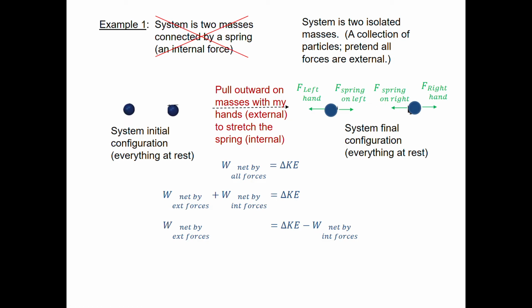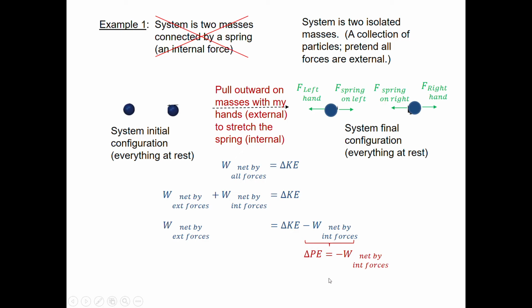We subtract that from both sides and they appear over here. And then there's just a little bit of sleight of hand, or a redefinition of something. This negative of the net work done by all the forces we wish to call internal, we're going to call the change in the potential energy of the system. So that's just a redefinition of this symbol right here, change in potential energy.